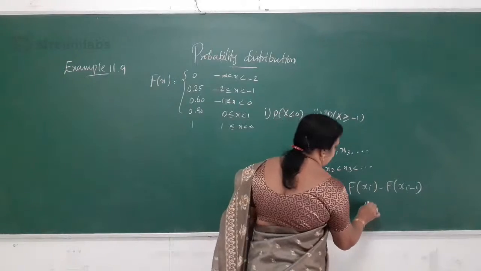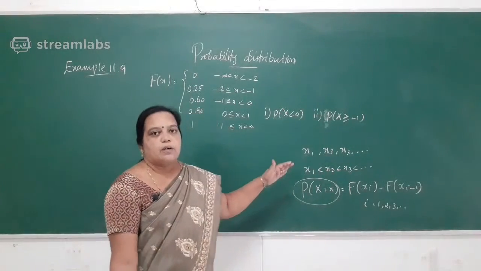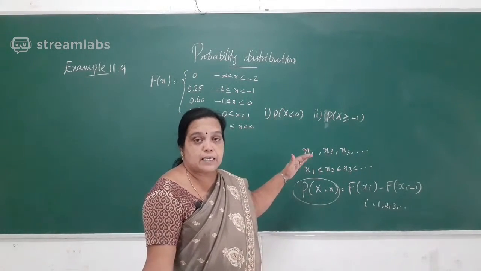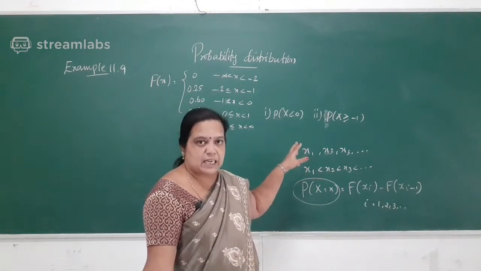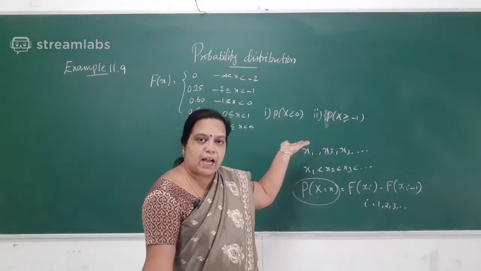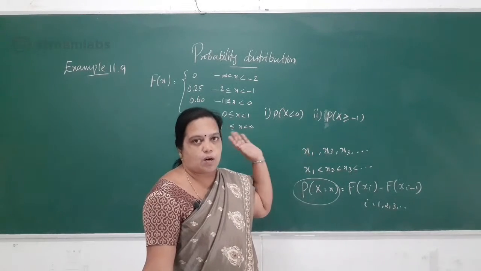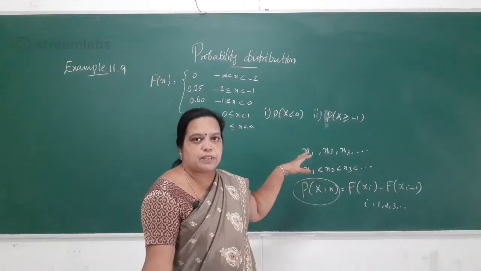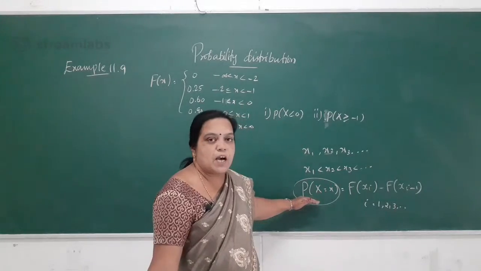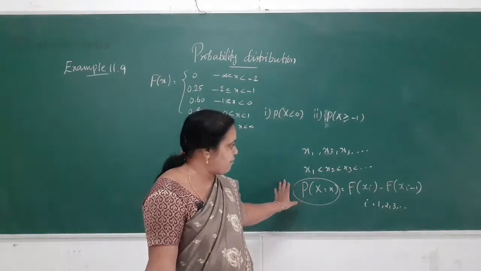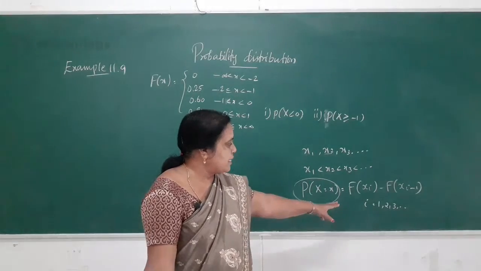Here i is equal to 1, 2, 3 and so on. If x is a discrete random variable and it takes values x1, x2, x3 and so on, where x1 is less than x2 less than x3, we can easily derive the probability mass function: P of X equal to xi is F of xi minus F of xi minus 1, here i is equal to 1, 2, 3.